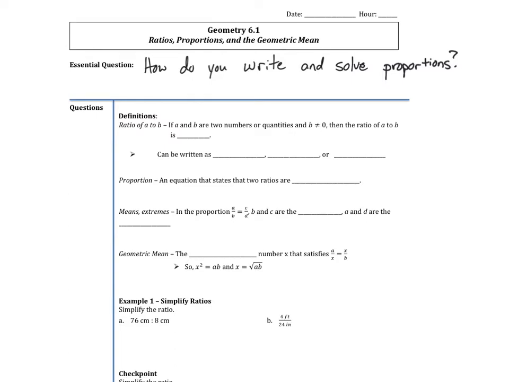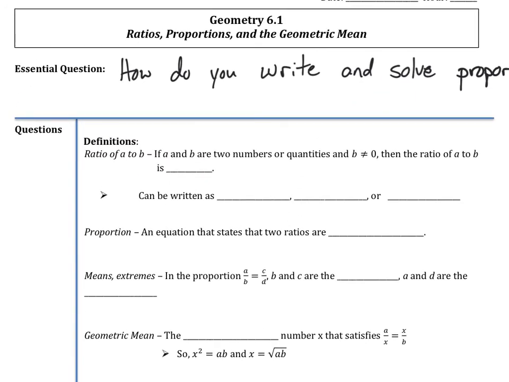A ratio of A to B says if A and B are two numbers or quantities and B does not equal 0, then the ratio of A to B is A over B as a fraction.